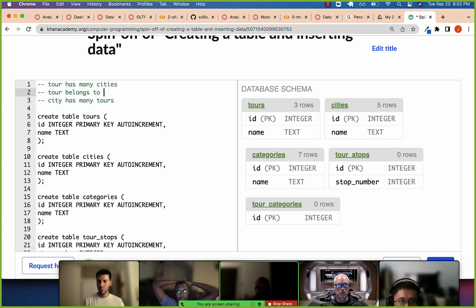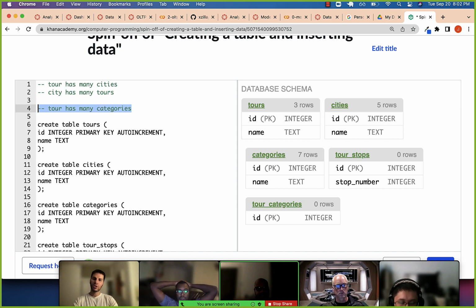It could be either or, and because of that, you lean to the thing that's more flexible, which is, okay, a tour has many categories, and if there's only one per, that's okay, it's like storing one entity in a list. We can do it, right? It's fine.